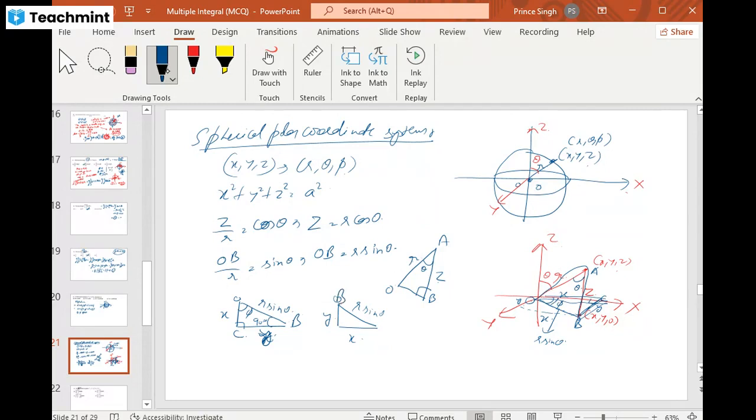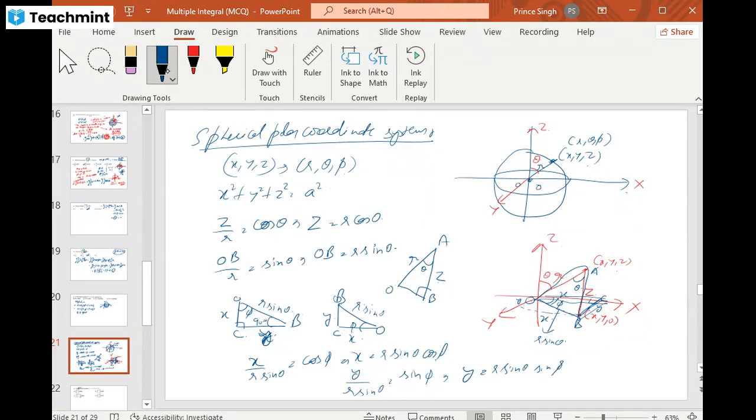So basically this is B, C and O. Now OC is X, this is Y and this angle is phi. So base upon hypotenuse, X upon R sine theta, is cos of angle phi. So the value of X is R sine theta cos phi. And perpendicular upon hypotenuse, Y upon R sine theta, is sine phi. So Y is R sine theta sine phi.